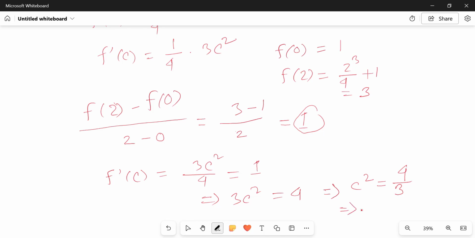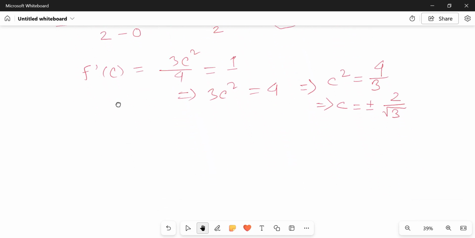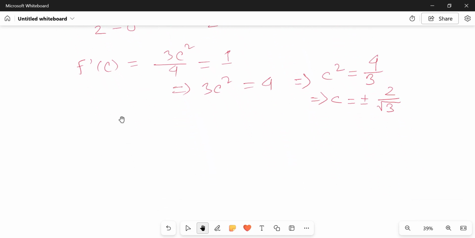From there we get c equals plus or minus 2 divided by root 3. So we get two values of c, one is 2 by root 3 and the other is minus 2 by root 3.